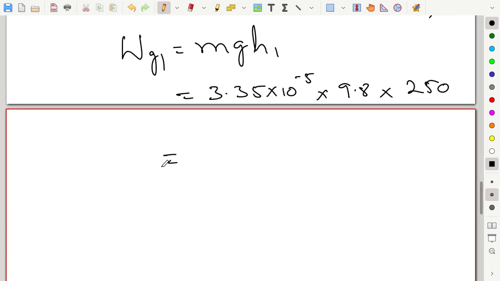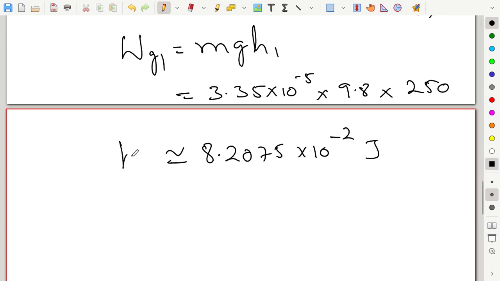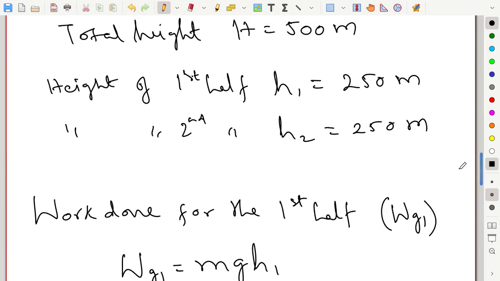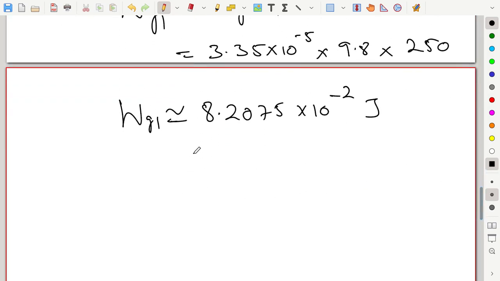I have made the calculation and it's approximately equal to 8.2075 into 10 power minus 2. Since this is work done, the unit is obviously joules, WG1. Since both heights are the same, for the second half we will have the same value.